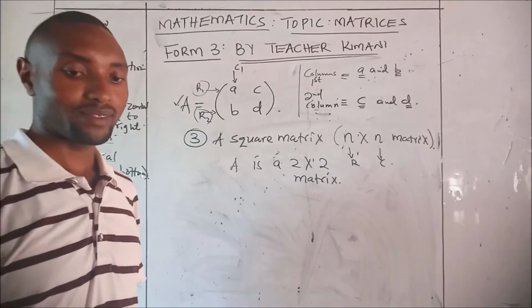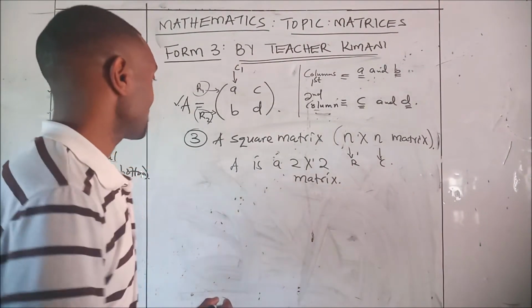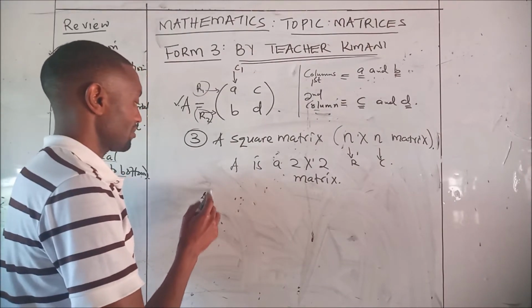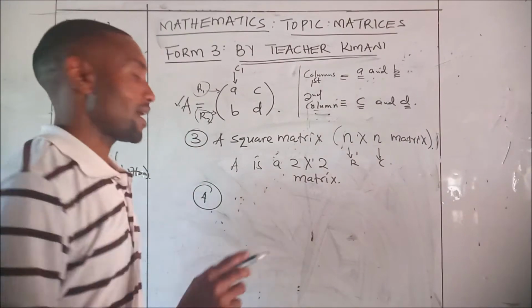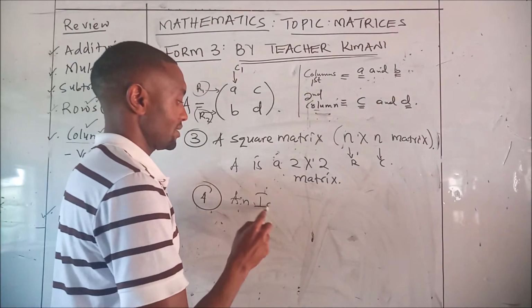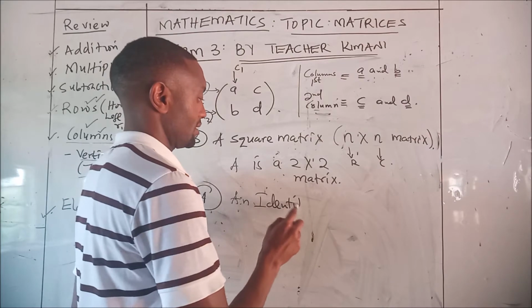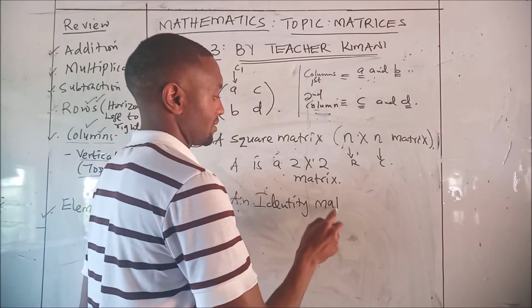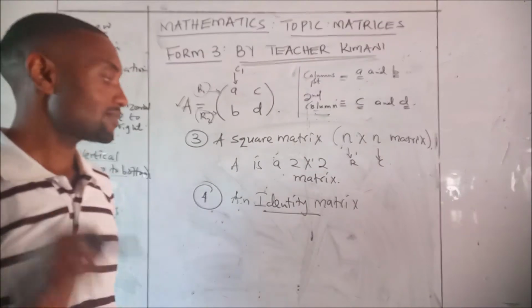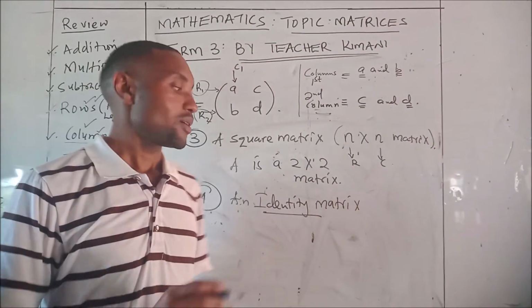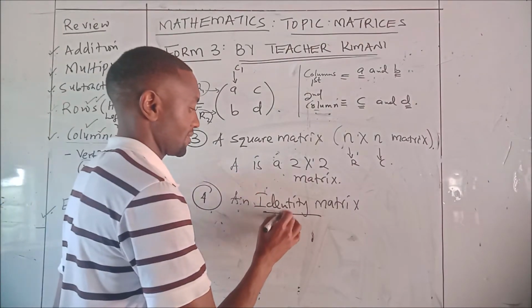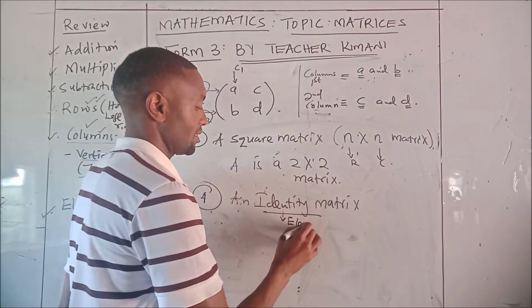Another type of matrix, number 4, is the identity matrix. For this matrix, we normally look at the elements.